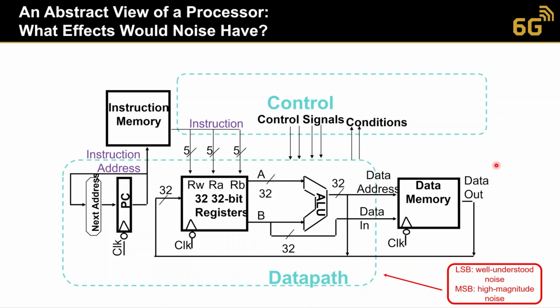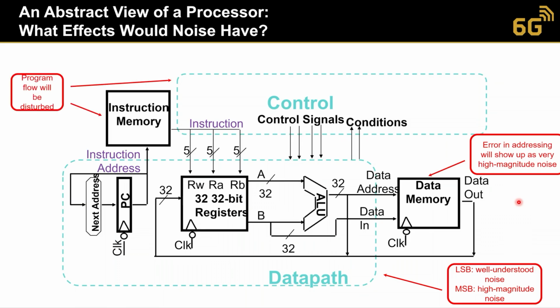It is basically noise, and even in the MSP, you can think of it as high magnitude noise. Error in the addressing, of course, will not be the same. If your data memory addressing is incorrect, then it probably will look like a very high magnitude noise in the end result. And the biggest problem is the program flow. If there is an error in the instruction memory or the control, then that means that the whole program flow will be disturbed and in all likelihood will not work.